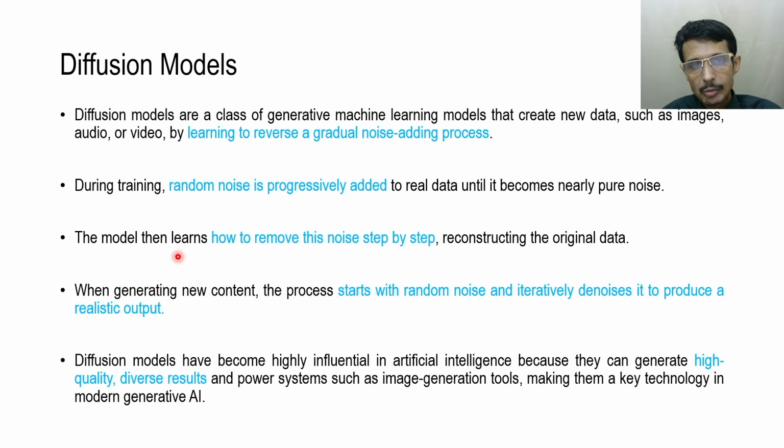The model then learns how to remove this noise step by step, reconstructing the data. So this is the learning step. When generating new content, the process starts with random noise and iteratively denoises it to produce the final output. Diffusion models have become highly influential in AI because they can generate high quality and diverse results in systems such as image generation tools, making them a key technology in modern AI.